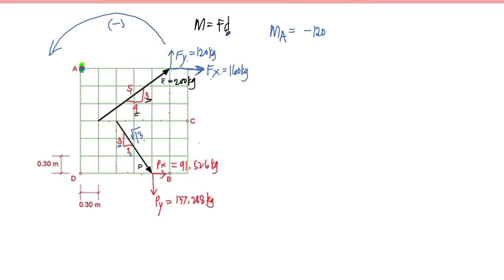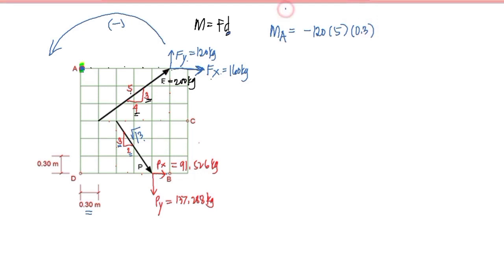So, gaano siya kalayo? So, we have 1, 2, 3, 4, 5. So, that is 5 blocks. But the measurement of each block is 0.3 meter. So that is to be multiplied by 0.3.